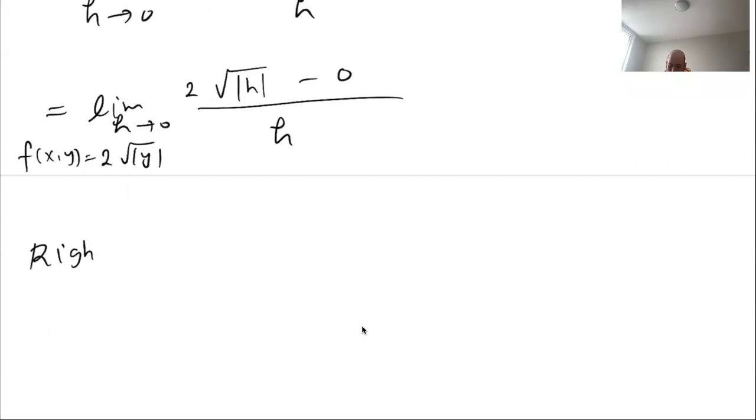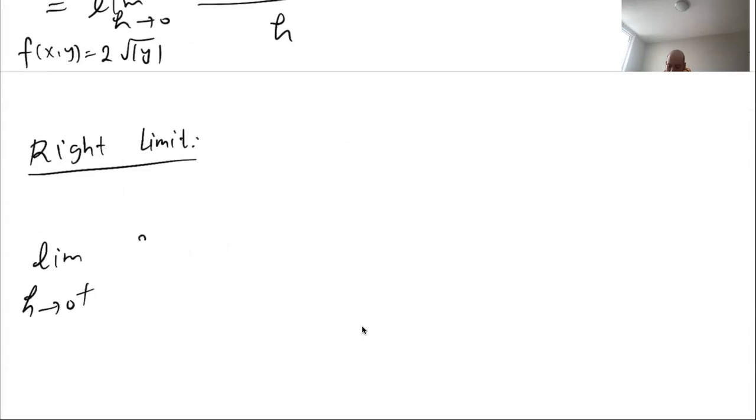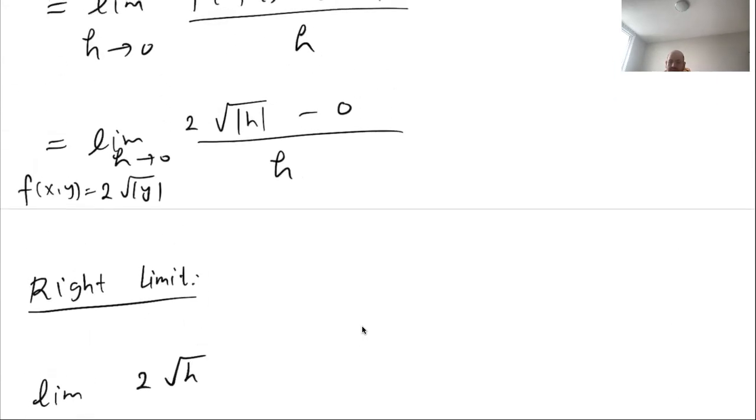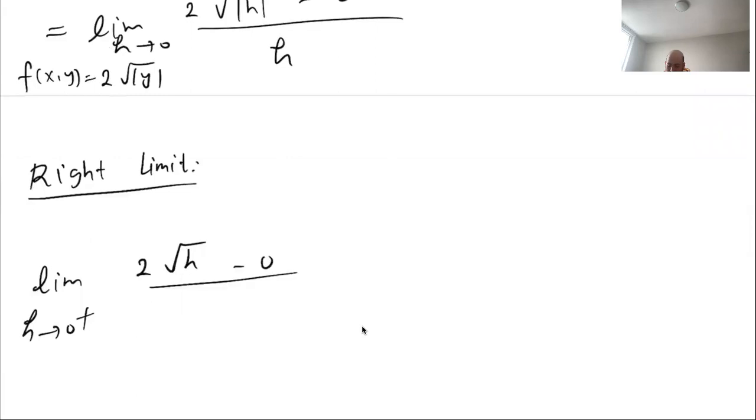So for the right limit, the limit as h approaches 0 plus of 2 root h, right? Because if h goes to 0 plus, h is positive. If h is positive, then absolute value h will be the same as h itself. So 2 root h minus 0 divided by h.